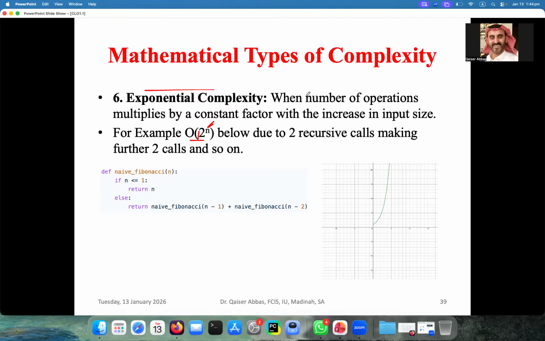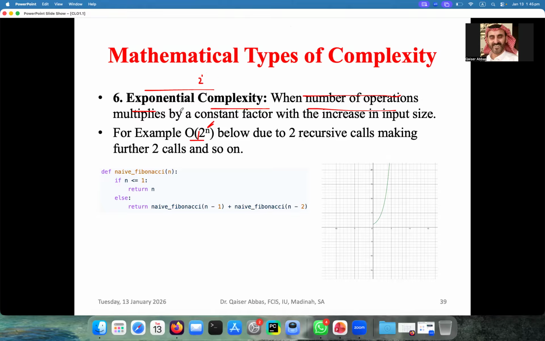When will it happen? When the number of operations multiplies by a constant factor with the increase in input. For example, when the size of the input is 1, then 2 raised to the power 1.